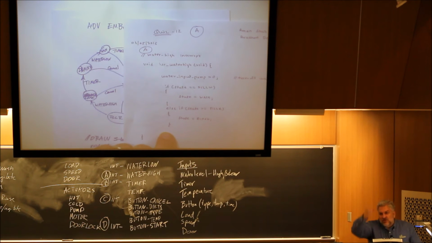Because this sensor is going to be a float that may get stuck in the on position. It may never turn off. So what do you do? Do you immediately cancel? You make some beep sound or something like that. Something is going on. You make some beep, but what do you do?